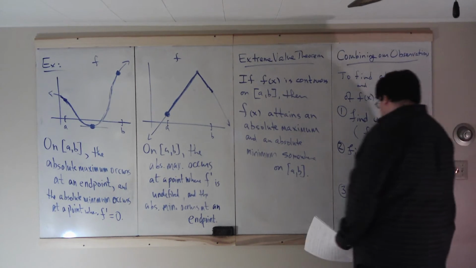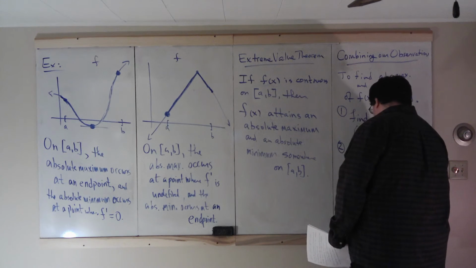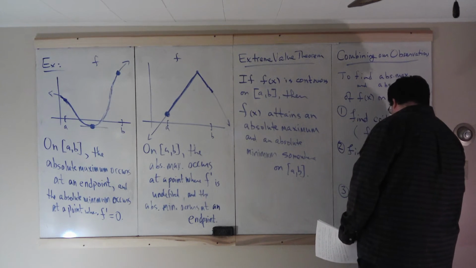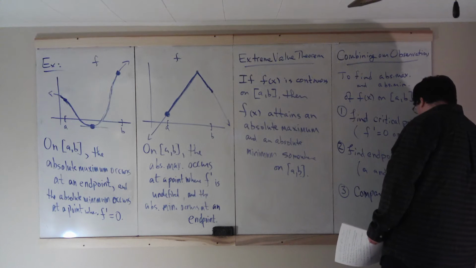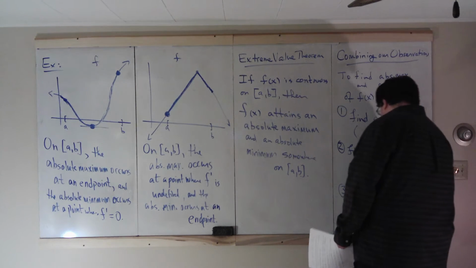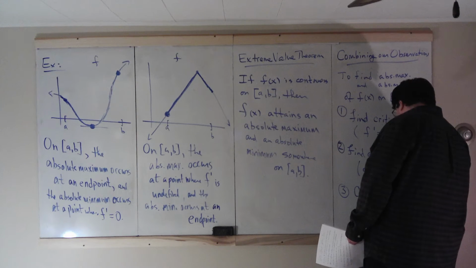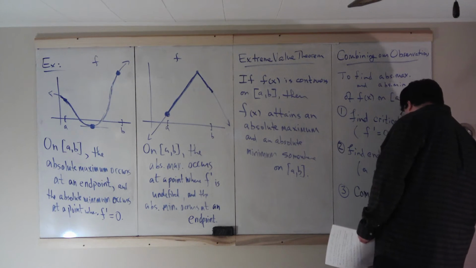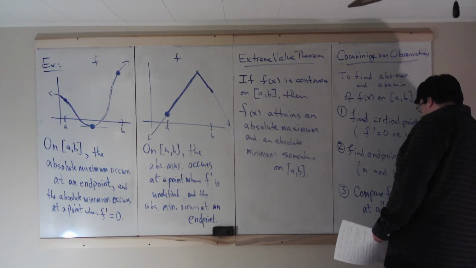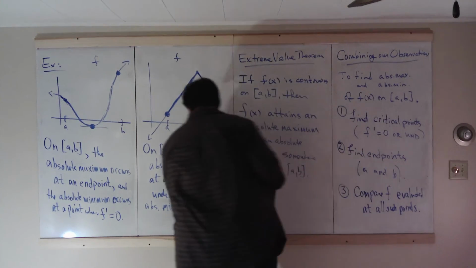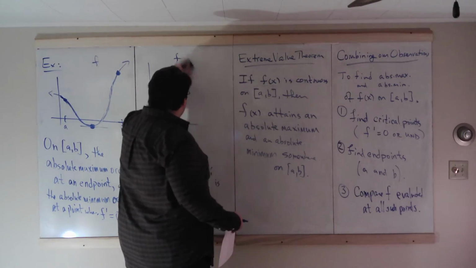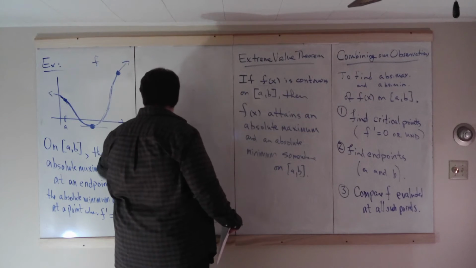So I'll say compare f evaluated at all such points. The largest will be the maximum, absolute, and the smallest will be the minimum.